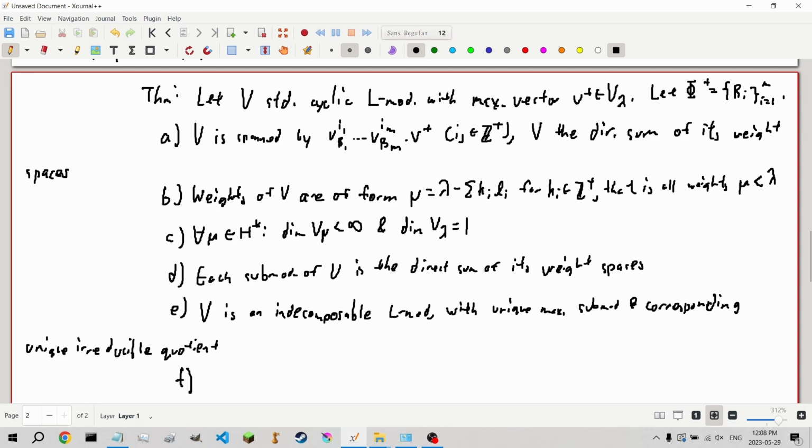Part F, every non-zero homomorphic image of V is also standard cyclic of weight lambda.